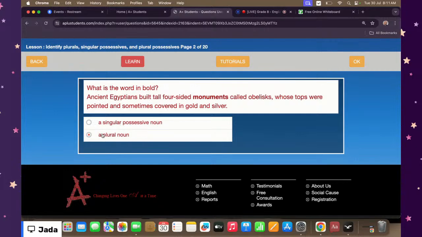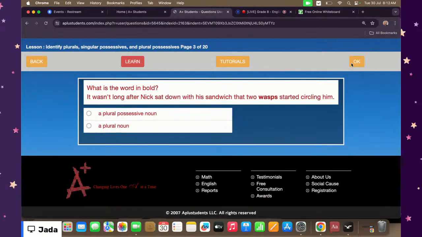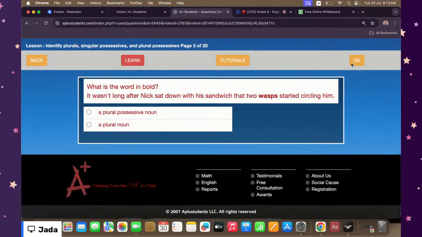Okay. So this is just like a quick review of everything that you've done in the previous lessons for the noun. So we're just glancing through and reviewing all that. What is the word in bold? "It wasn't long after Nick sat down with his sandwich that two wasps started circling him."